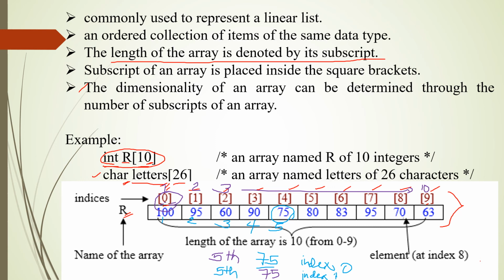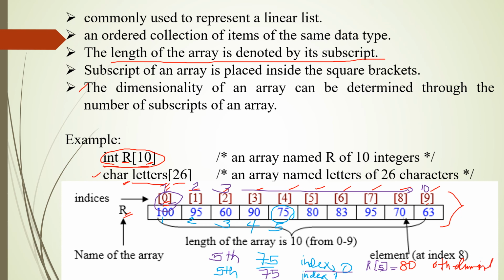But if I say R sub 5, and our starting index is at index 0, what will be the element at R sub 5? Very good. That will be 80. It starts from 0. So at index 5, we are referring to the sixth element.